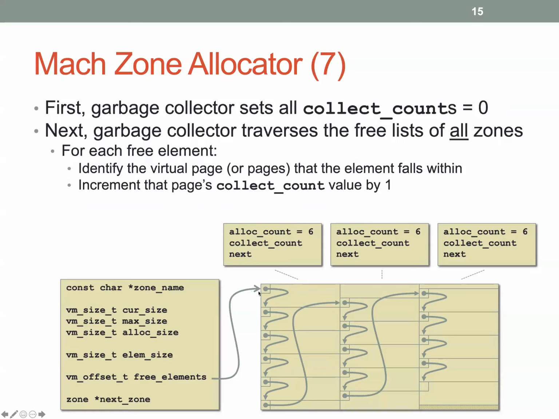If I have this situation here and I say, this object is in this page, this object is in this page, and so on, then the collect count would be 6. I come over here and count 1, 2, 3, 4, 5, 6. I have a collect count of 6 again. So if the alloc count and the collect count are the same, we know there are no in-use objects in that virtual page, and that means we can free that virtual page. Hopefully everybody sees that.